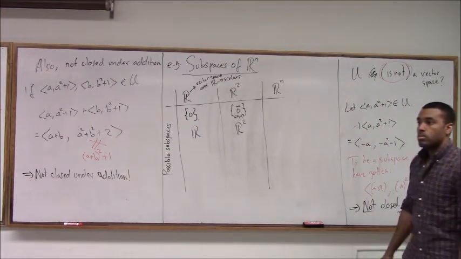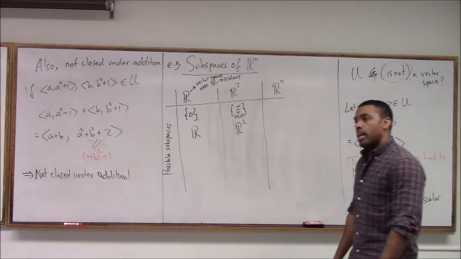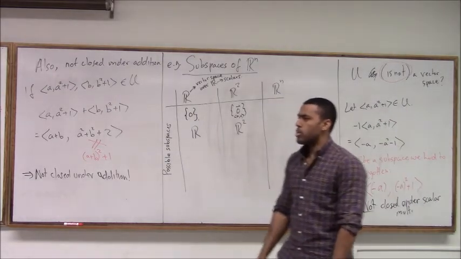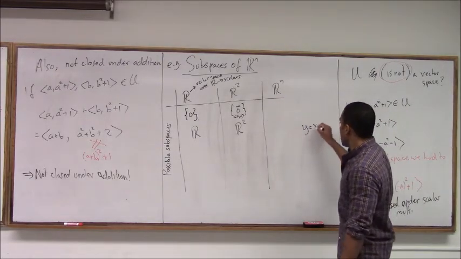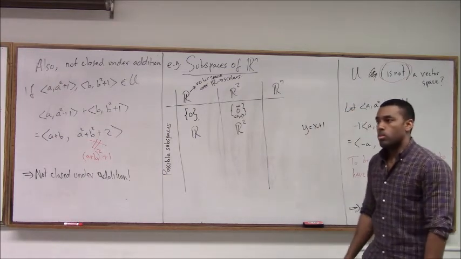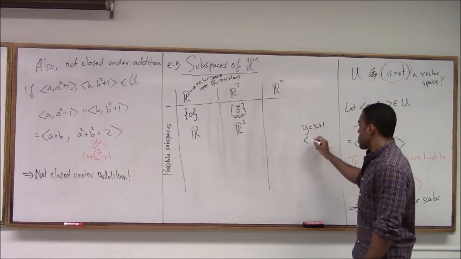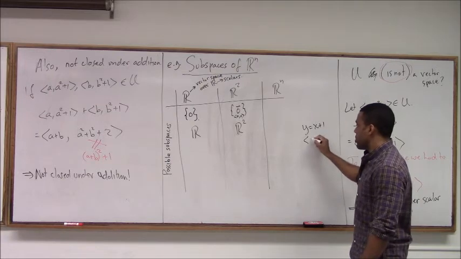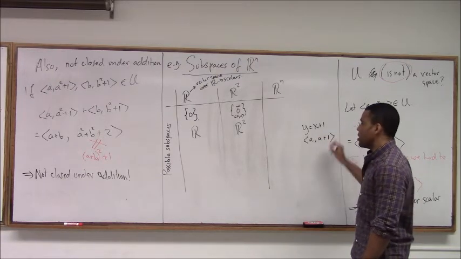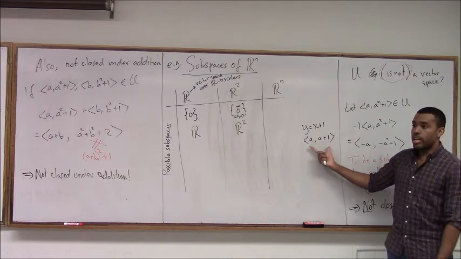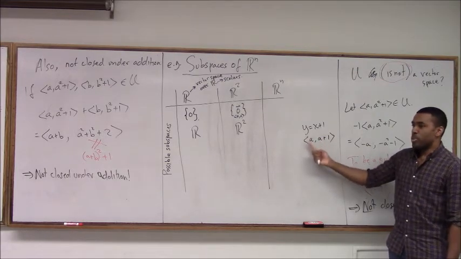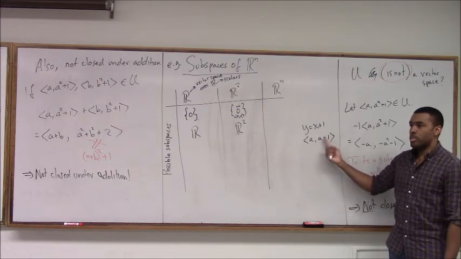A line. A line might work. Can any line work? Let's say I look at the line x plus 1. Would that work? I could express such components as a comma a plus 1. Now if I add 2 things that look like that, I would get a plus b comma a plus b plus 2.